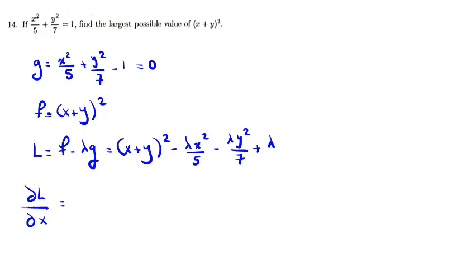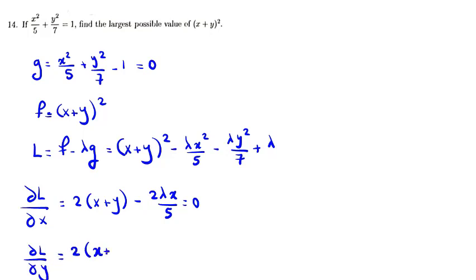It will be 2 times x plus y minus 2 lambda x over 5 equals 0. If we differentiate L in terms of y, it will be 2 times x plus y minus 2 lambda y over 7 equals 0.